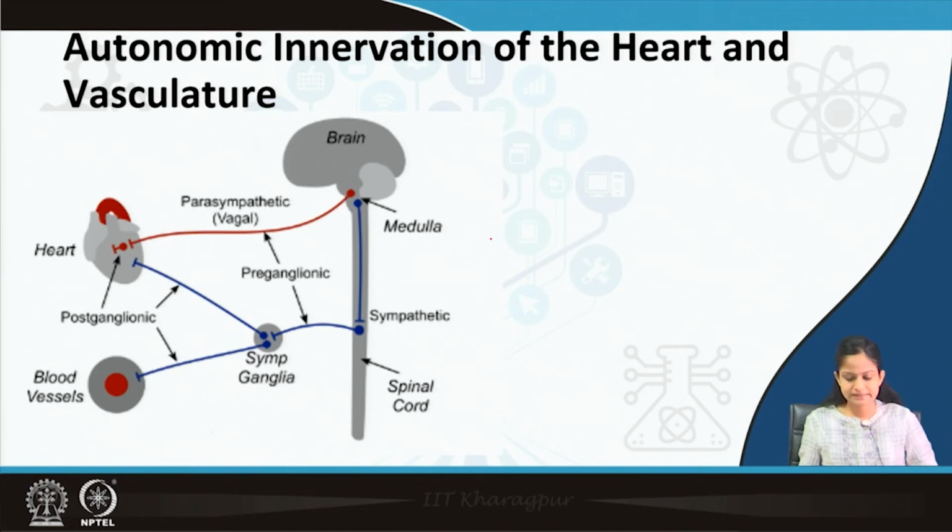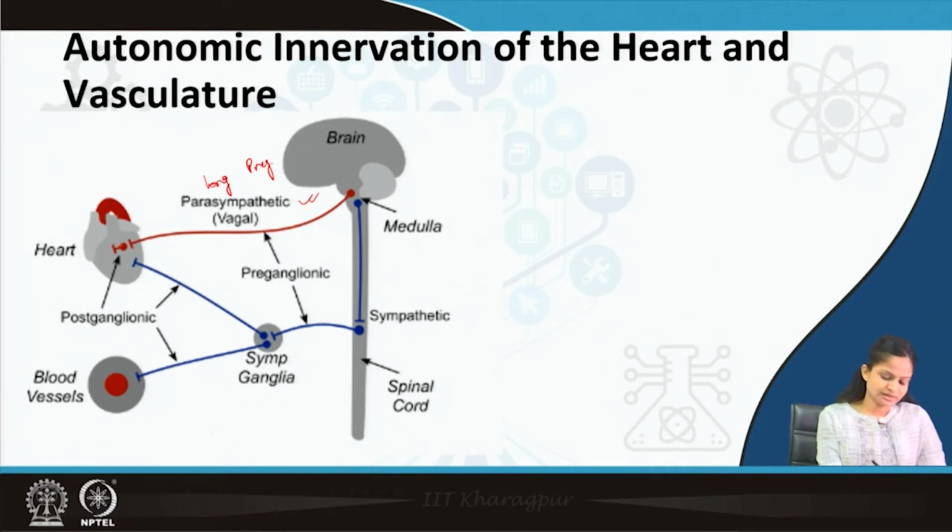So, what we are seeing in autonomic innervation of the heart and vasculature: the parasympathetic or vagal fibers have long preganglionic fibers which are coming from the central nervous system, and in the heart itself it is synapsing, and the postganglionic fibers are very short.